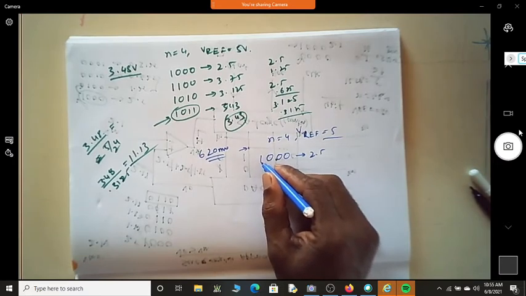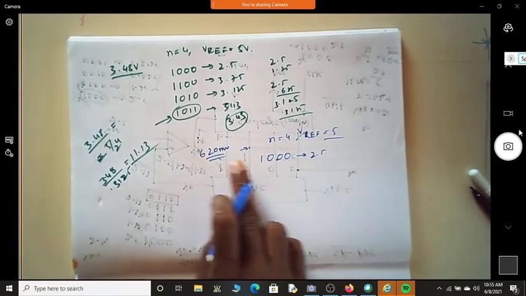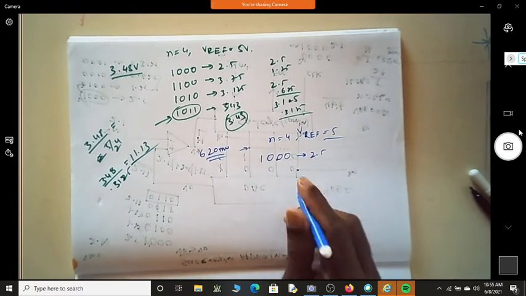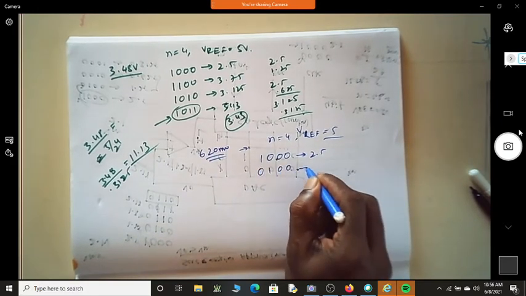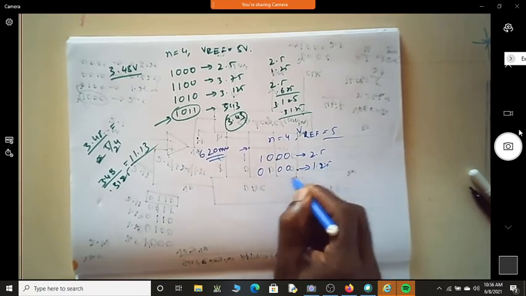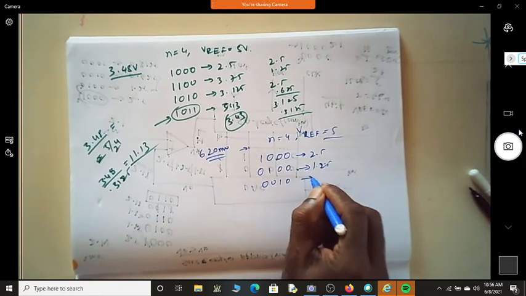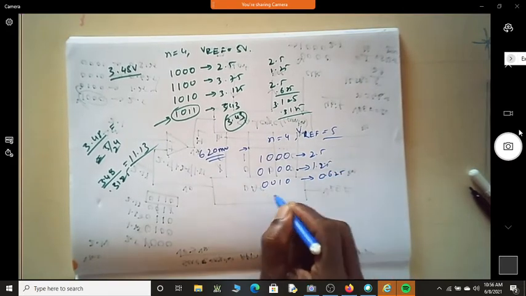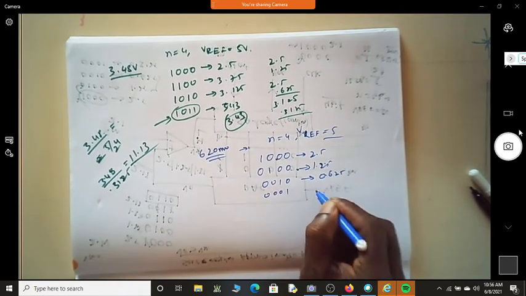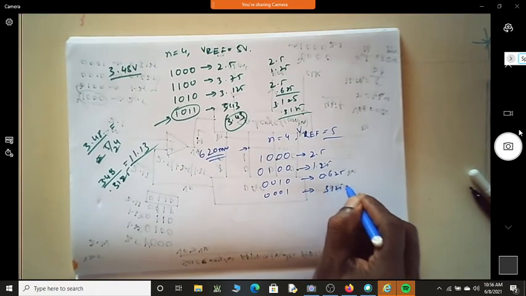This is 620, this is 2.5. I have to change and go to the next. Even that will change. This is 1.25, so this is 00. Then this is 0.625. Does this also change? Yes, sir. So this is 312.5 millivolt.